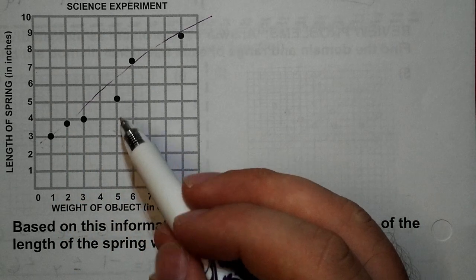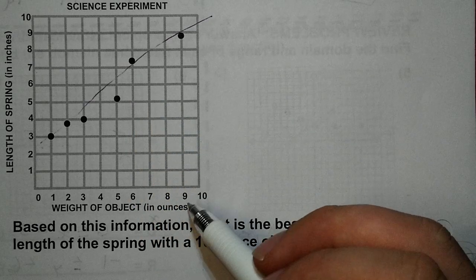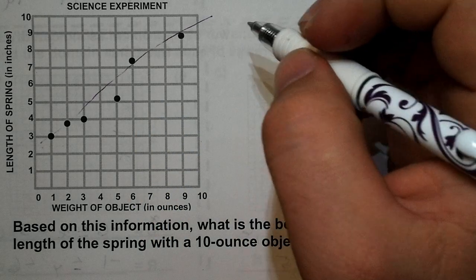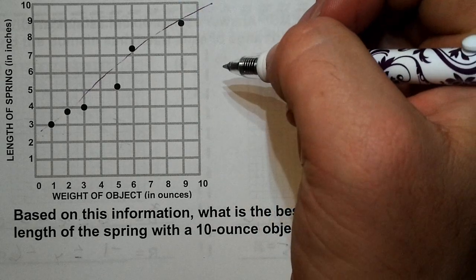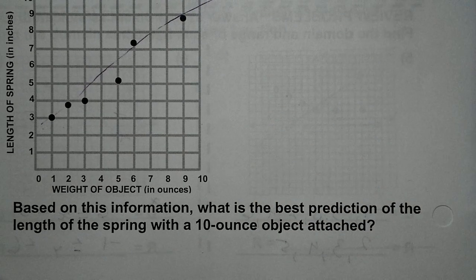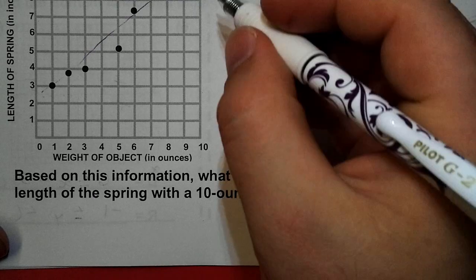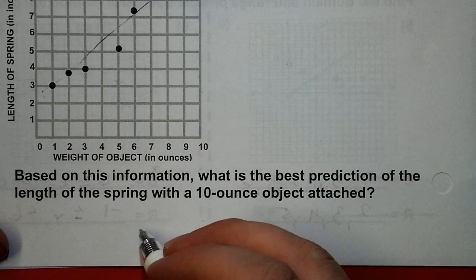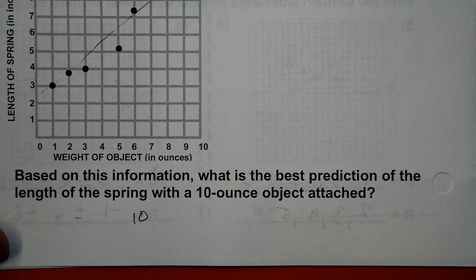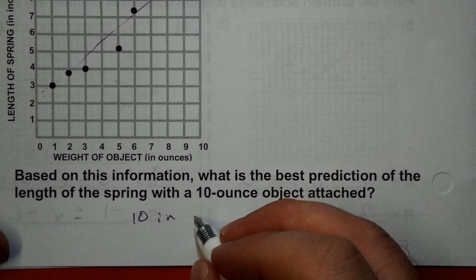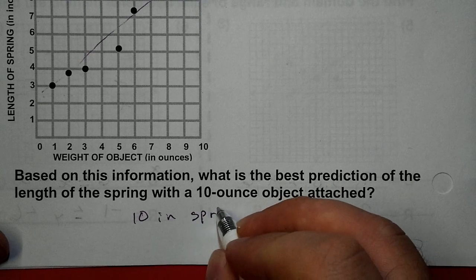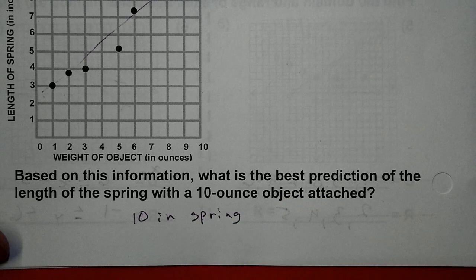Let's see. 1 to 3, 2 to 4, 3 to 4, 5 to 5, 6 to 7. So it just really depends. It's a little bit springy, but it looks like it's going to be about 10 or 9. Let's call it 10 ounces. 10 ounces would be 10 inches of spring stretch. Just wanted the best prediction.